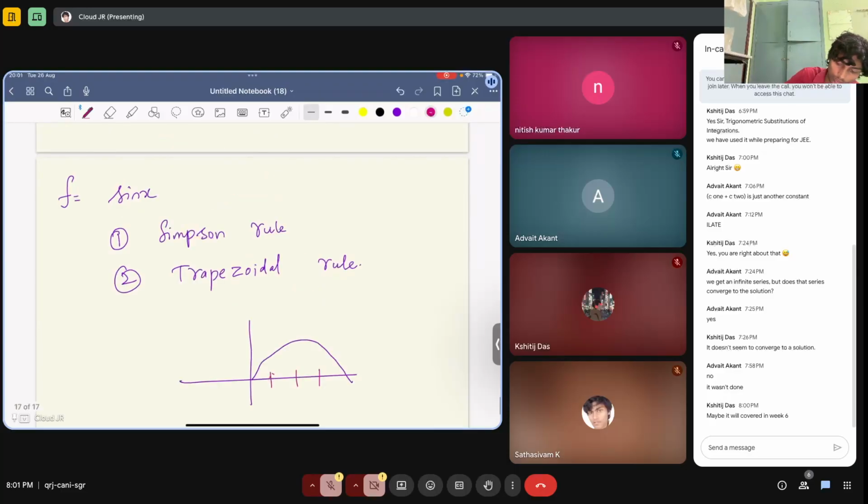Okay, and maybe I will tell you sin x. Compute the integral of f of x dx with 4 points of equal length.